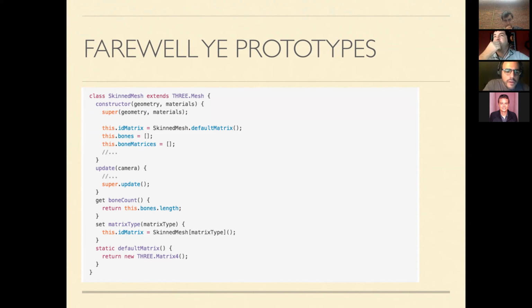So just like in Ruby, we have this idea of initialize, right? In JavaScript, you use this.bones, for example, equals an empty array. And this is how you would initialize this new object, essentially. So again, the object being skinny mesh.